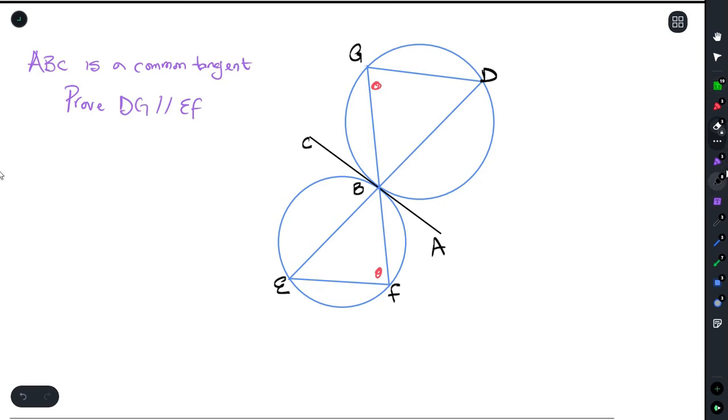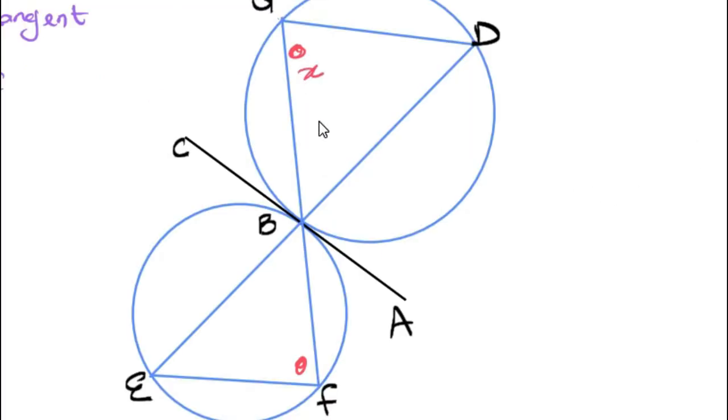So before I start writing anything, let's do everything on the circle and see if we can actually get our answers from this. If I say this here is x, that this is a triangle and that's a tangent, this here would be tan-chord, meaning that this angle is equal to that angle.